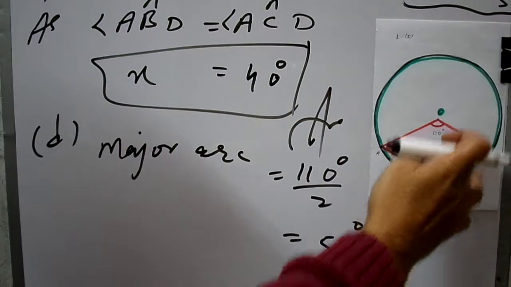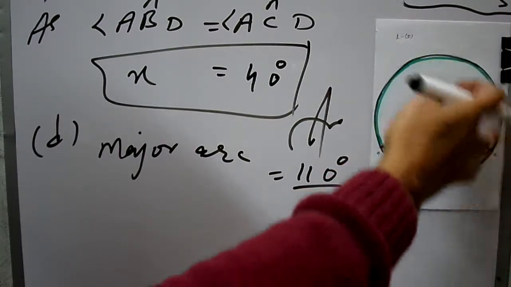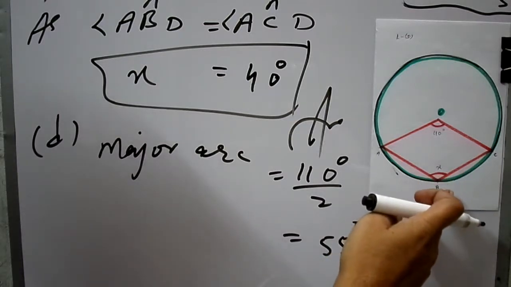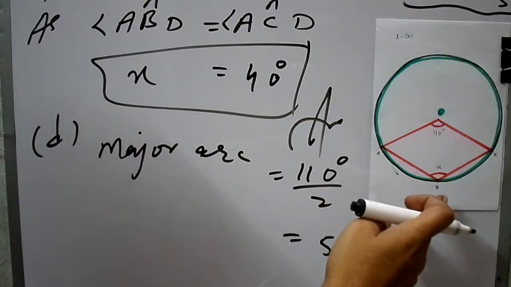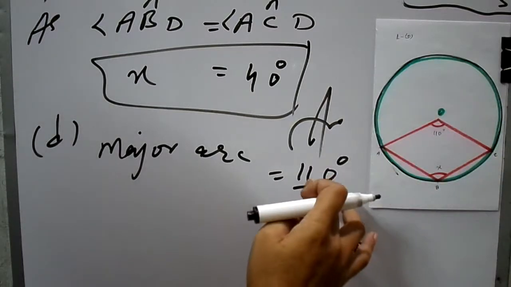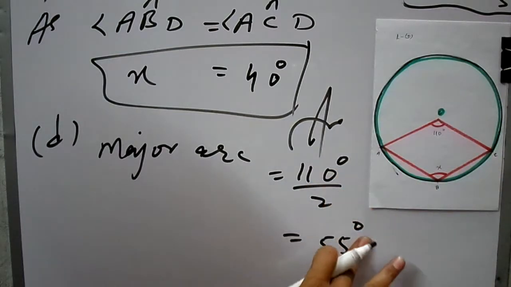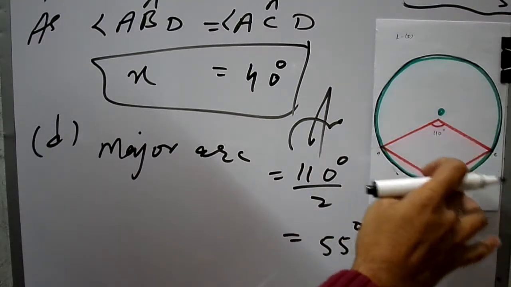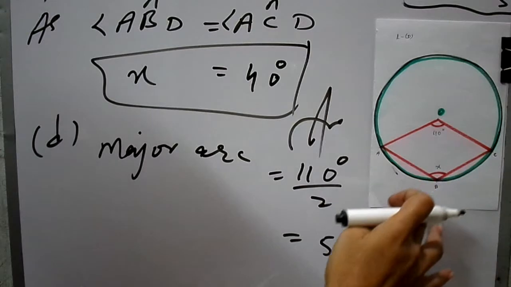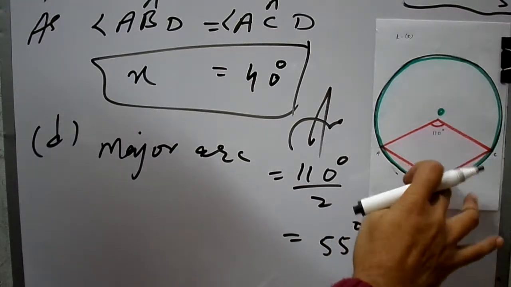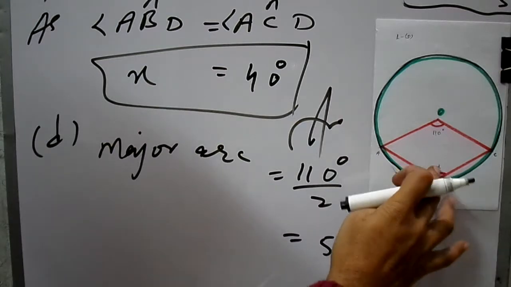When you find the major arc angle, which is equal to 110 divided by 2, that is 55 degrees, not 550. So it is your 55. If I draw or reproduce it, 180 minus this, I can find the value of x.